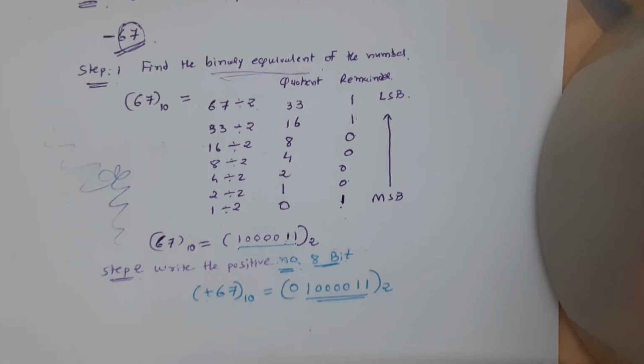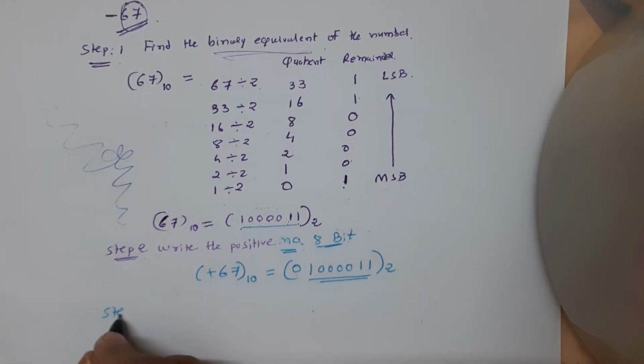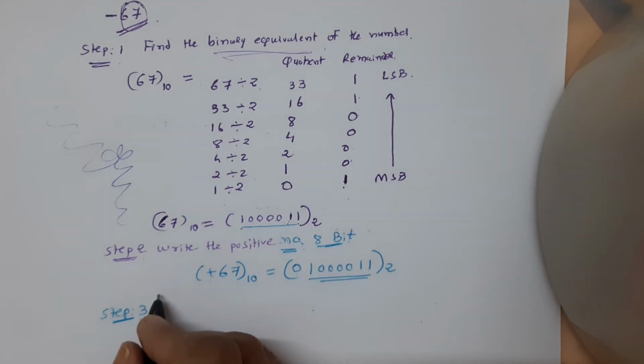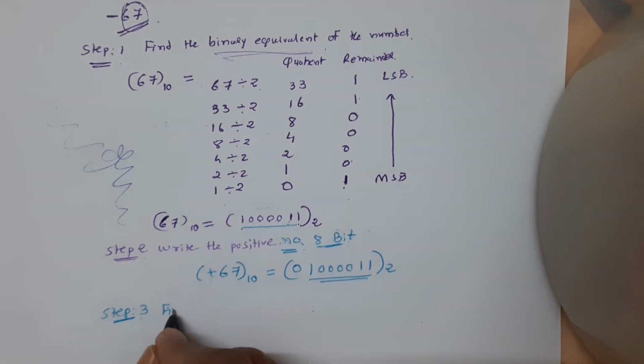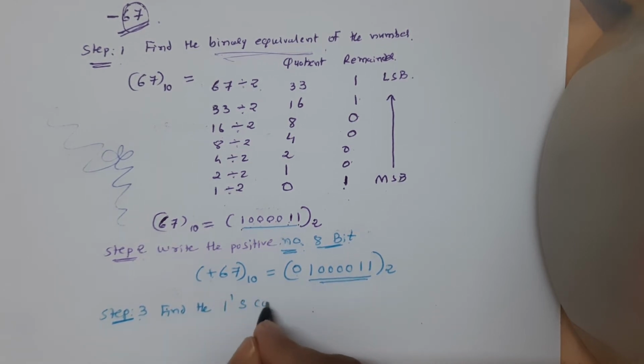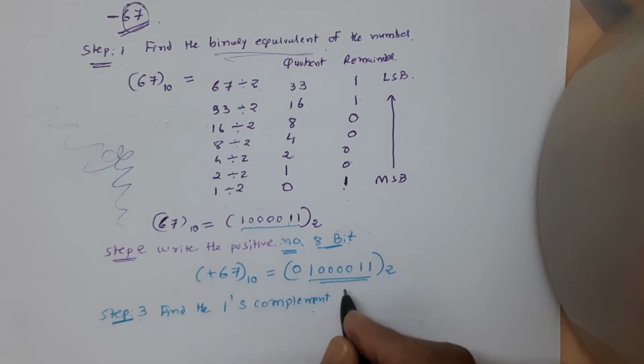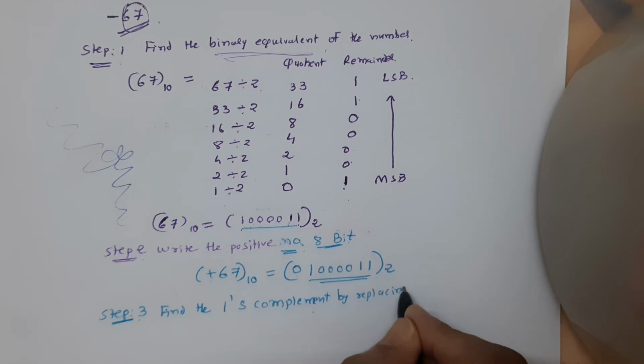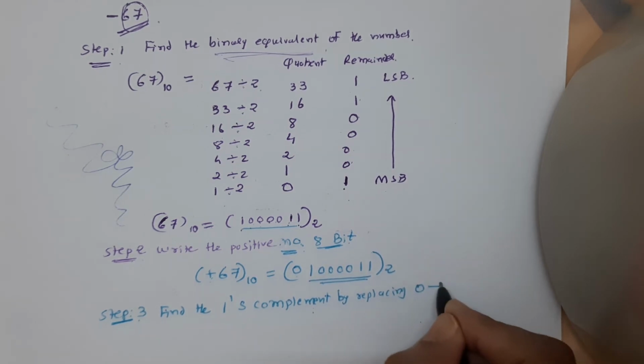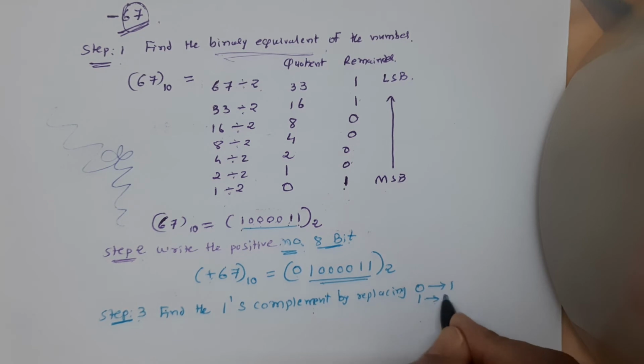And the last step, step 3: find the ones complement by replacing 0 to 1 and 1 to 0.